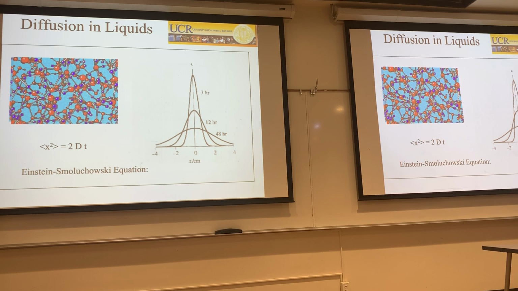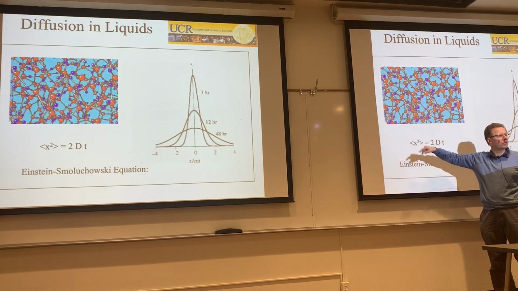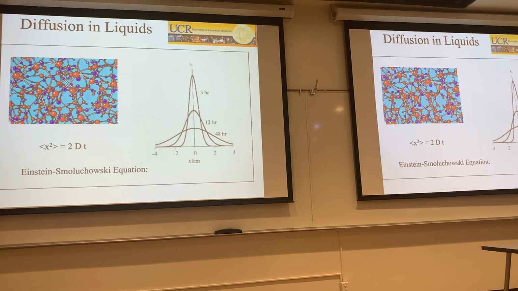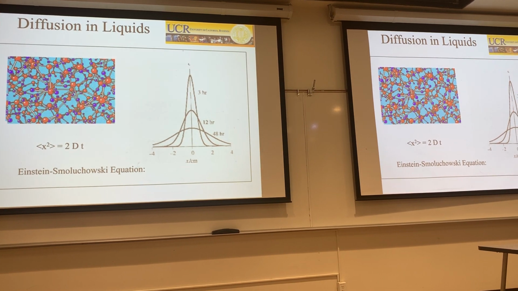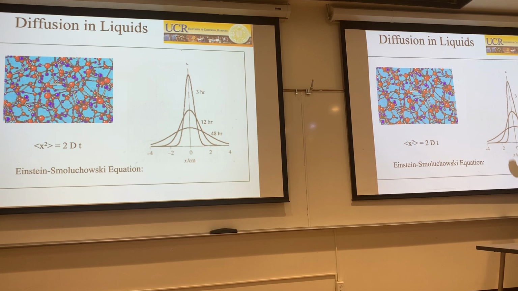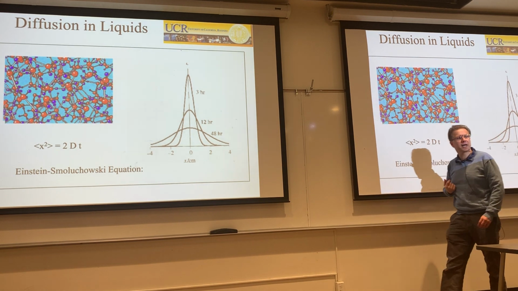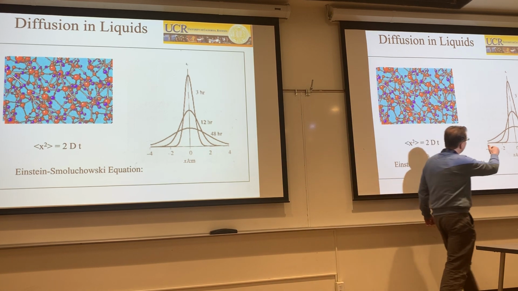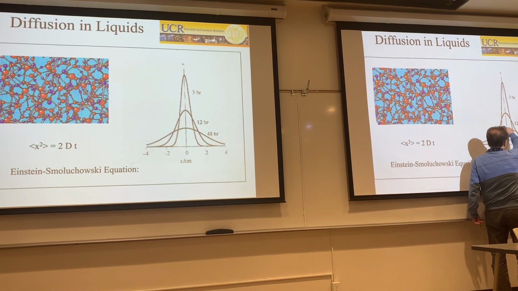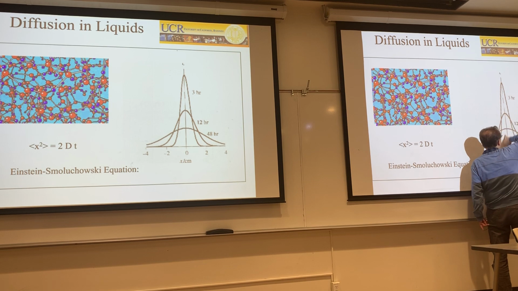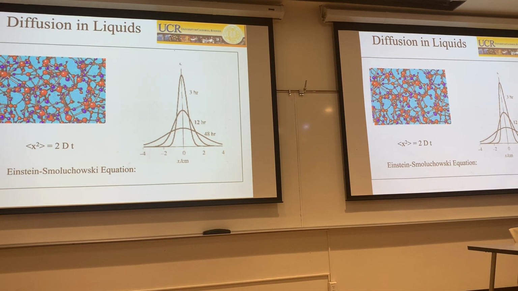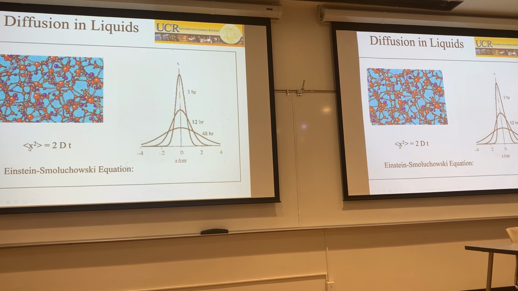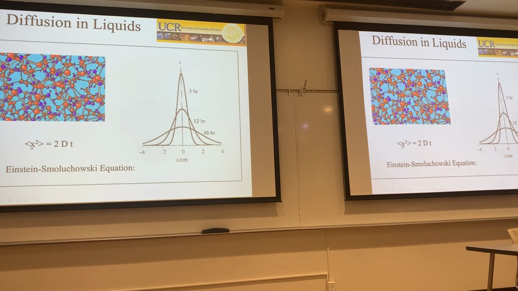And that square, this value over here, if you think about the Gaussian distribution of how far they get, where the distance is on the x-axis, and the probability that they got so far on the y-axis, then that x squared is closely related to the full width of the function at half of its maximum. So we can try to figure out how far they go.